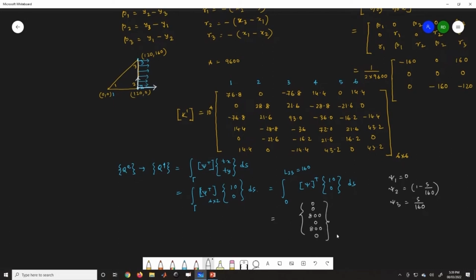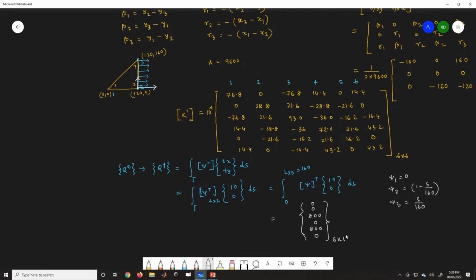So this is my 6 cross 1 vector. Here s times 1 minus s has to be integrated: s minus s square by 2, times 160. If I substitute 0 to 160, it will come like this.